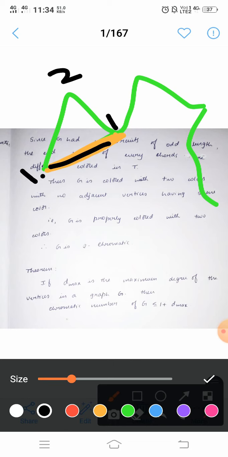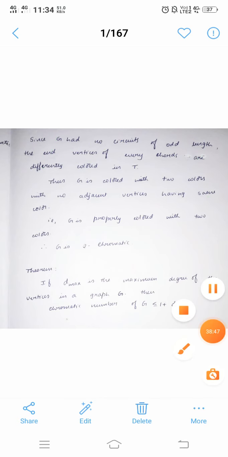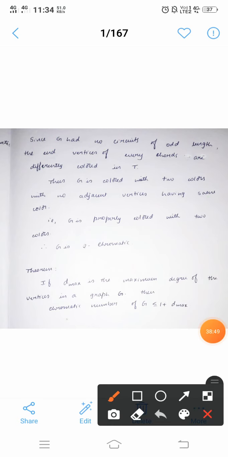This happens only if the chord is of an odd length circuit. But here there is no odd length circuit. All the circuits are of even length. So the end vertices of that chord have different colors in that spanning tree T.